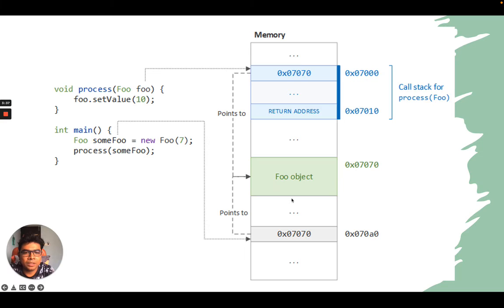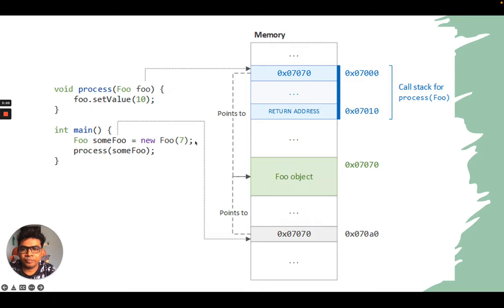Let's try to understand it in a better way through this Java code example, where you can see in the process method an object is passed, and it is called from the main method. In the main method I am passing some value in the constructor of class Foo, and you can see that both, while calling, refer to the same memory location.